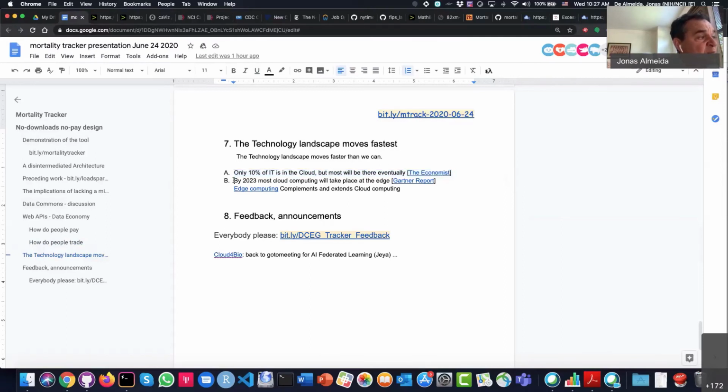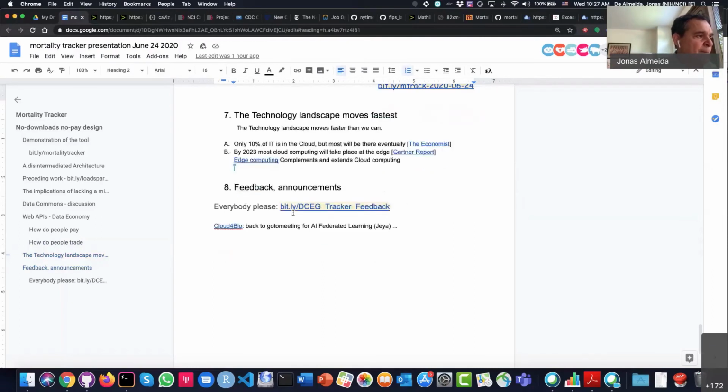Now we also have this second data point, that by 2023, this may be wrong, maybe 2024, most of cloud computing will happen at the edge. So I left some links here to explain why computation is moving to your cell phones and your web browsers, and also to your sensors and maybe to your next generation sequencing facilities and so on. So a lot is happening in this space that will change this conversation quickly.